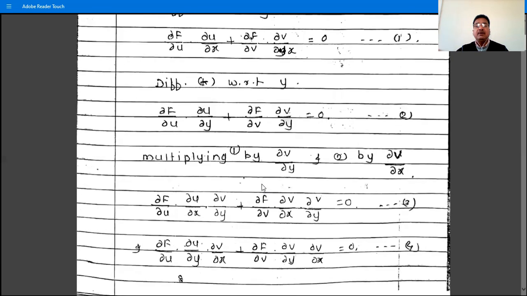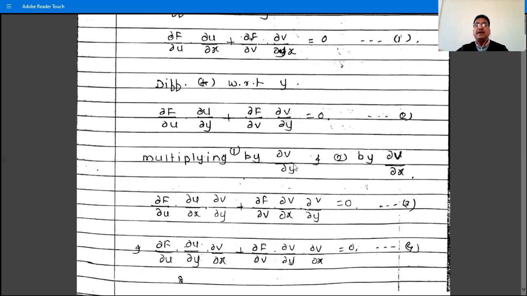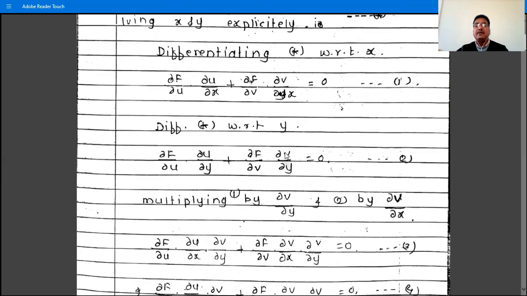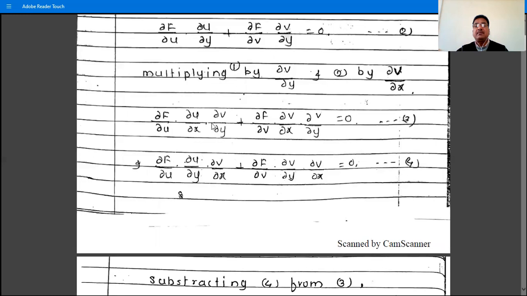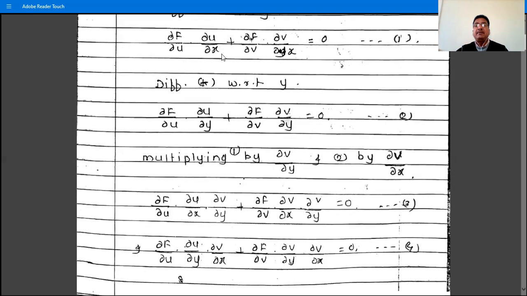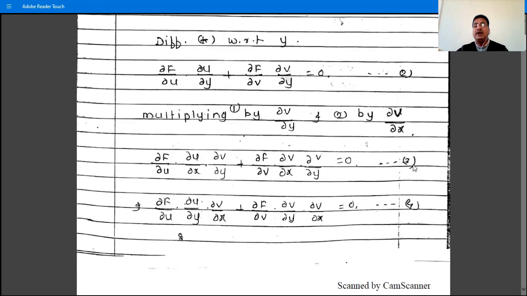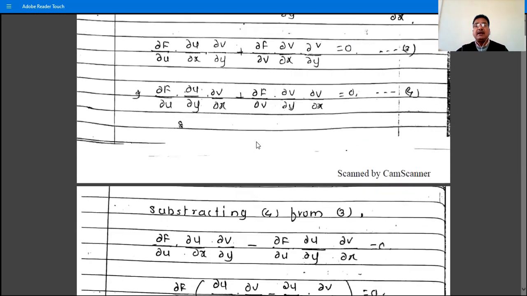By the chain rule, we get these derivatives. Then multiplying equation 1 by ∂v/∂y and equation 2 by ∂v/∂x, we have equations 3 and 4, and then subtracting these two equations.